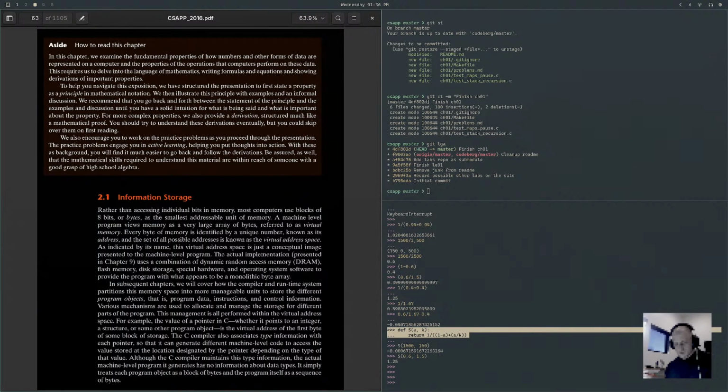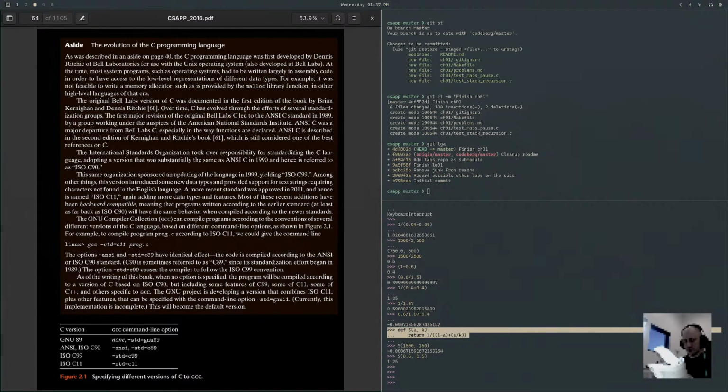The C compiler also associates type information with each pointer so that it can generate different machine-level code to access the value stored at the location designated by the pointer, depending on the type of that value. Although the C compiler maintains this type information, the actual machine-level program it generates has no information about data types. It simply treats each program object as a block of bytes, and the program itself as a sequence of bytes.